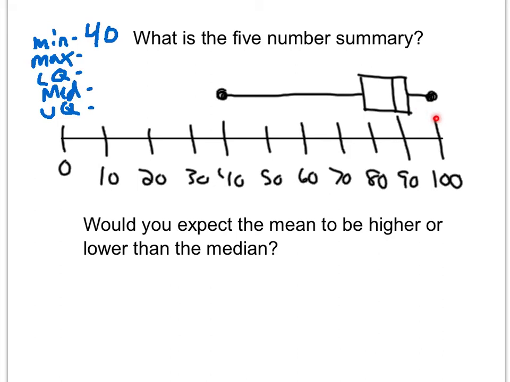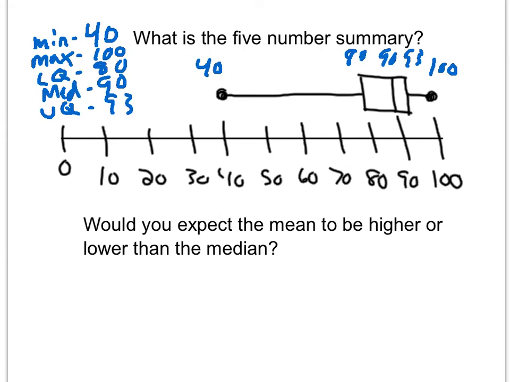My maximum number is up here, that's 100. My lower quartile is right here at 80. My median is right here at 90. And my upper quartile is right here, it appears to be, I don't know, maybe 93 or so. Okay? So 40, 80, 90, 93, and 100.